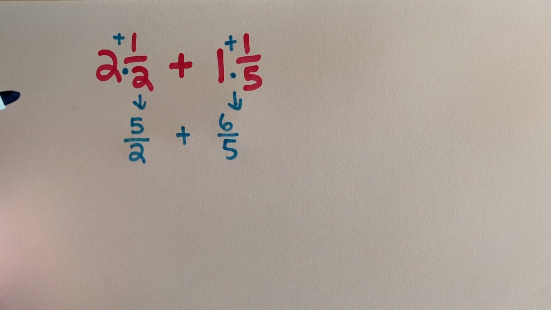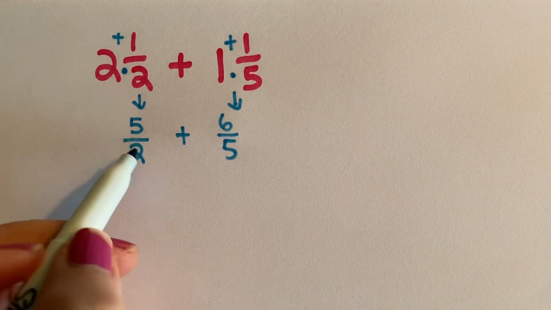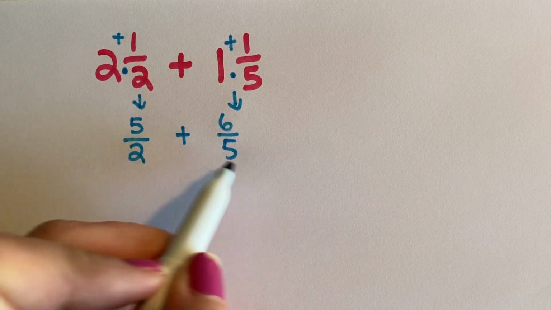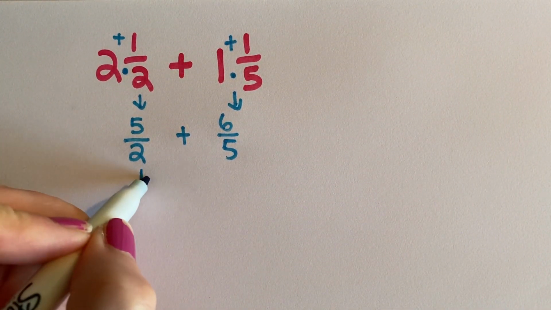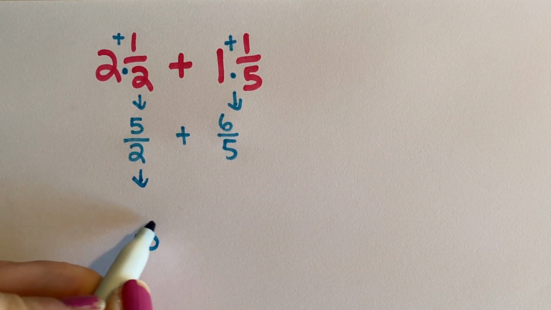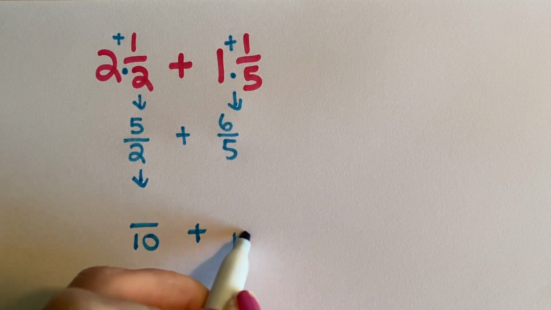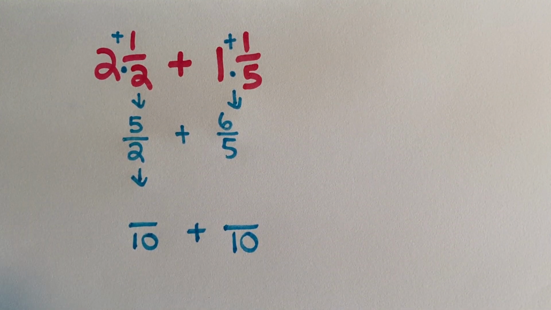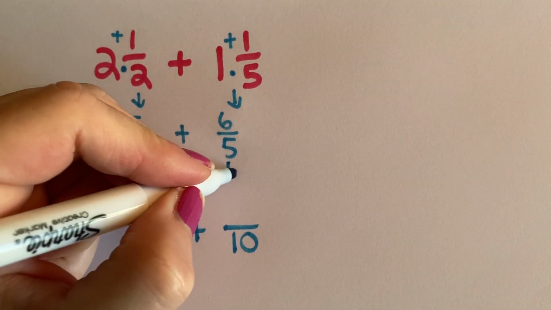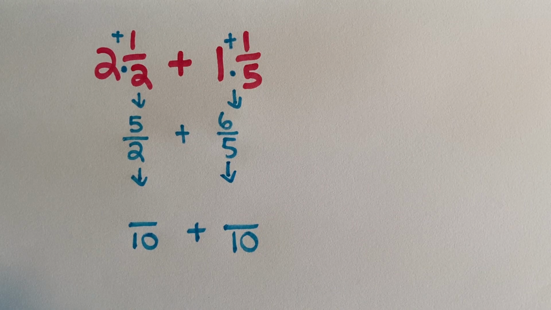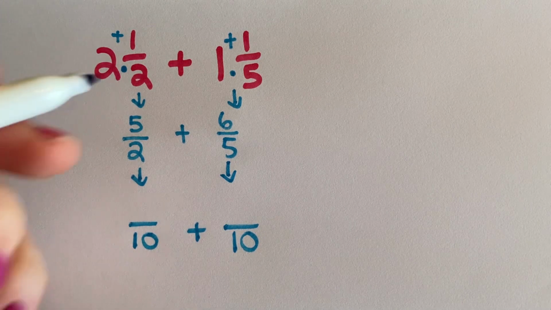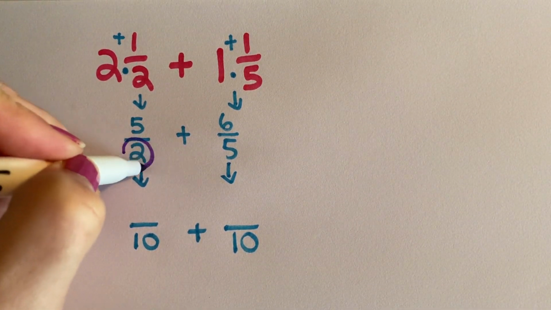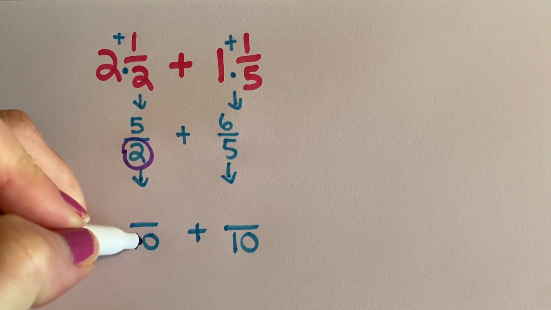Now we're ready to find our common denominator. 2 times 5 is 10. So we'll have a 10 here and a 10 here. And now we ask ourselves, oops, I forgot my one arrow here. Just kind of like to keep it consistent. So now we're going to ask ourselves, how do we grow a 2 to a 10?